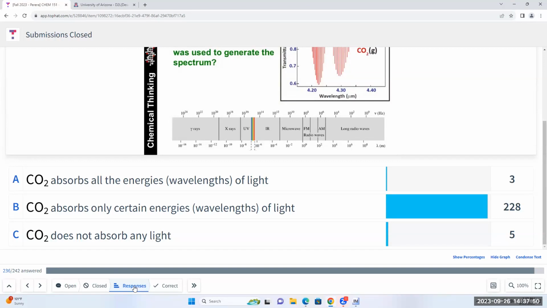Matter absorbs or emits only certain wavelengths of light because energy in matter is quantized. One more time. Matter only absorbs or emits certain wavelengths of light because energy in matter is quantized.